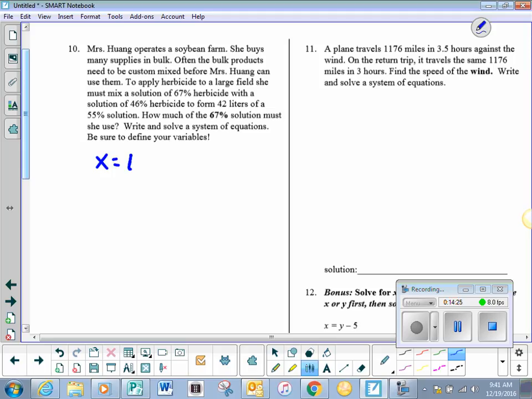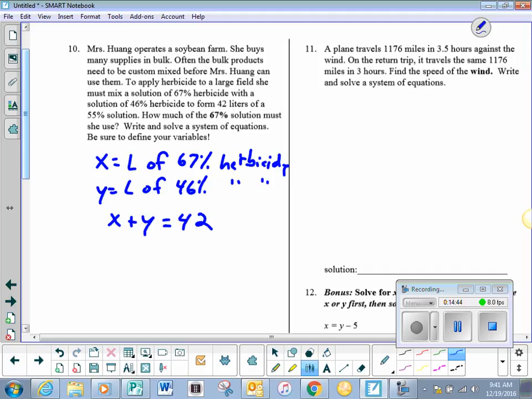If x equals number of liters of 67% herbicide and y equals liters of 46% herbicide, we know there's 42 liters, and we know that if you take 67% of the one and 46% of the other, you want 42 liters that's 55%. Pretty straightforward, just like all percent problems we've been doing, the mixture problems.